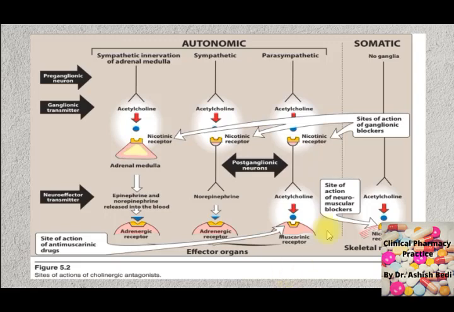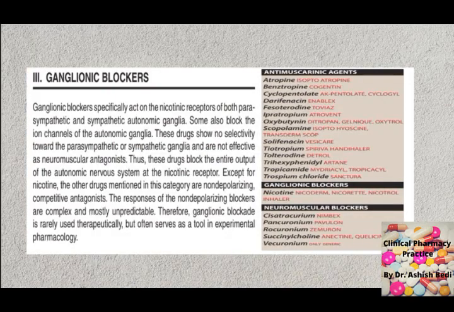Okay. First, it will activate the sympathetic nervous system. Second, it will activate the parasympathetic system. And finally, it will block all these three receptors, which we can call the ganglionic blockade. And lastly, neuromuscular blockade by blocking the somatic system. Okay. Here also it's written like that: ganglionic blockers specifically act on nicotinic receptors, both parasympathetic and sympathetic autonomic ganglia.